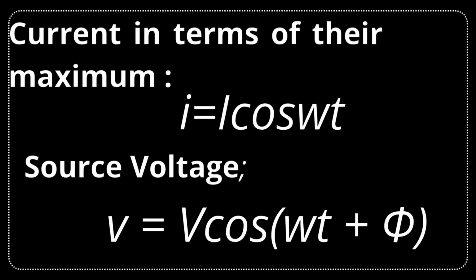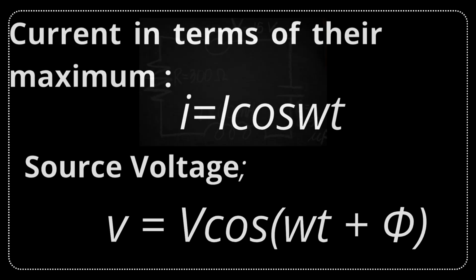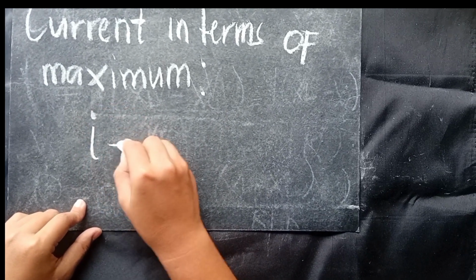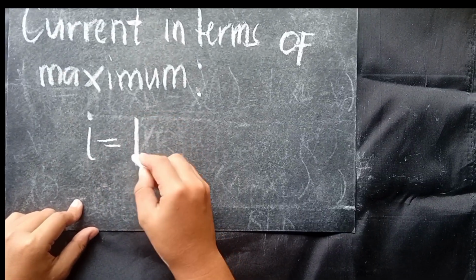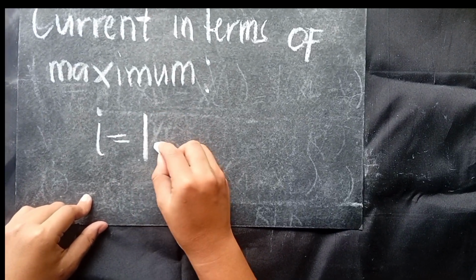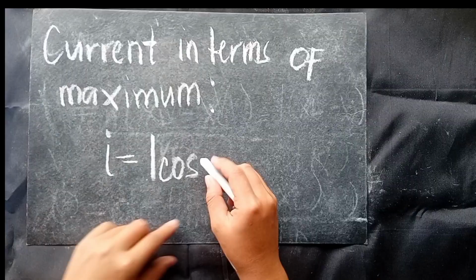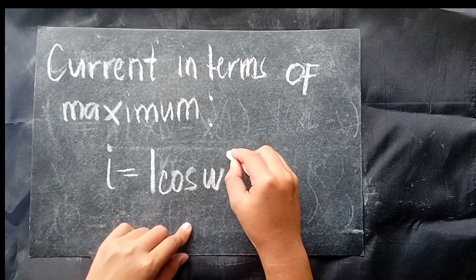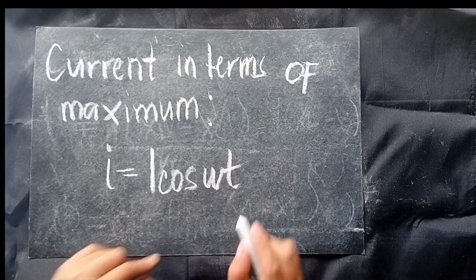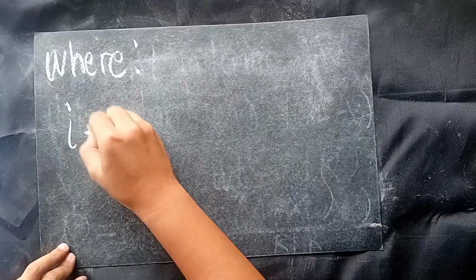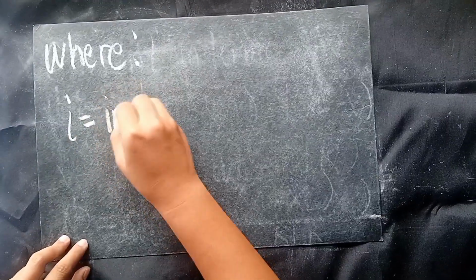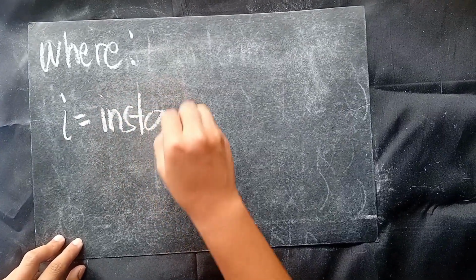Okay, after discussing the graphs of current and voltage versus time, let me show you their individual formulas. So for the current in terms of its maximum, the formula is instantaneous I is equal to maximum current cos angular frequency times time, where your small i is the instantaneous current.